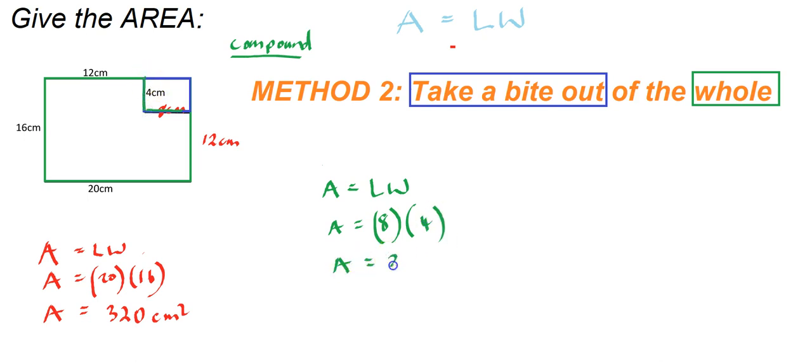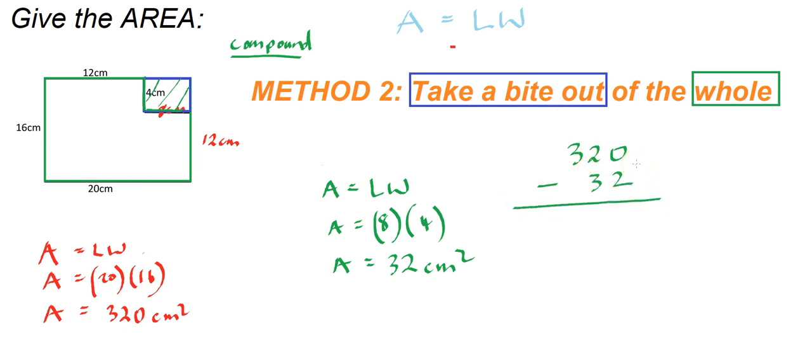So 8 times 4 is 32 centimeters squared. So this little one, we now know what it is. It's 32 centimeters squared. Now that's not part of the whole. So we're going to take this bite out of the whole. So it's going to be 320, which was what the whole is, and we're going to subtract, take a bite out of it, of 32.